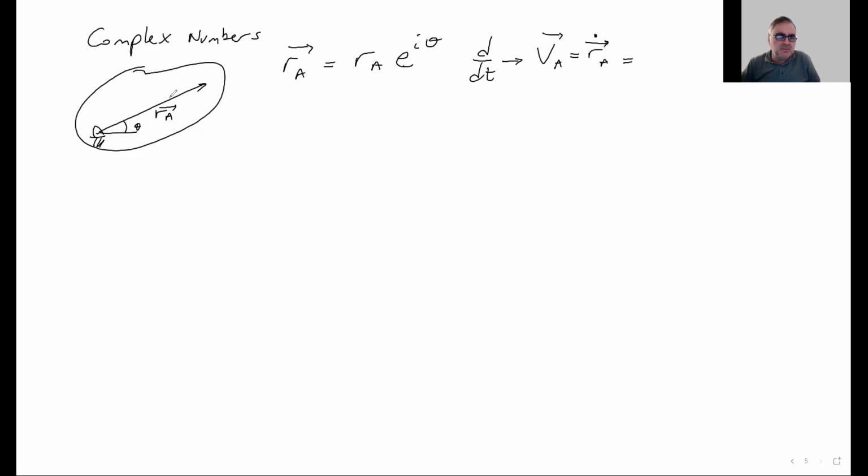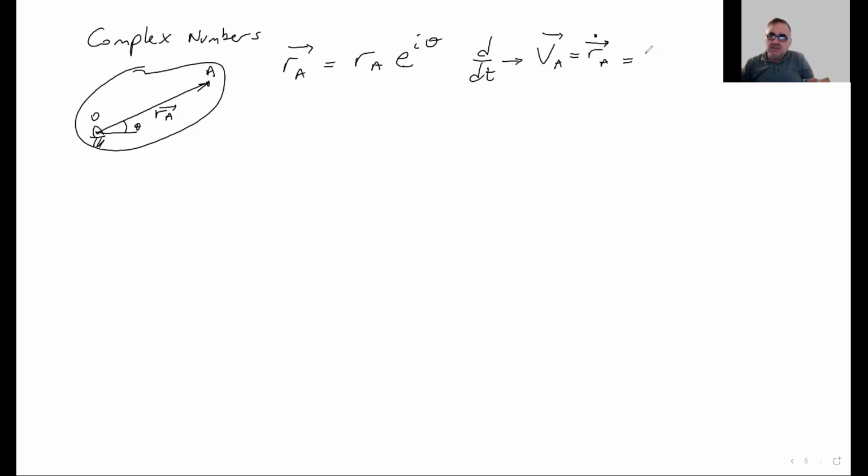RA as a magnitude is constant. This is point A. This distance OA is constant, okay? So this RA doesn't have a derivative, at least not here. But then e to the I theta does have a derivative, okay? So what is that derivative?